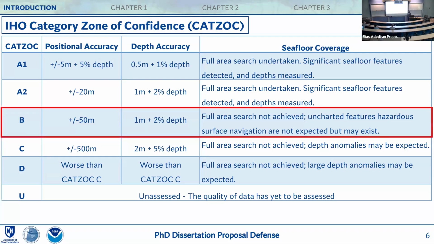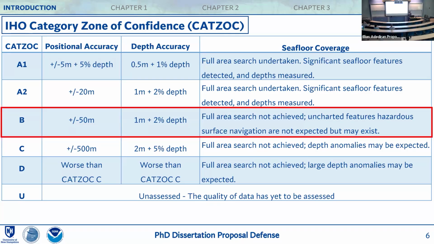But I want to emphasize here that if we are dealing with interpolation uncertainty, what that means is that the highest level of CATZOC that we can achieve is level B, unless the feature detection requirement is being met by maybe using side scan.